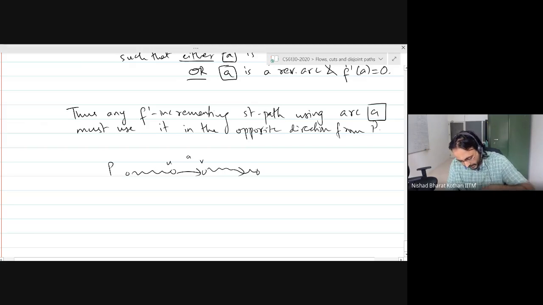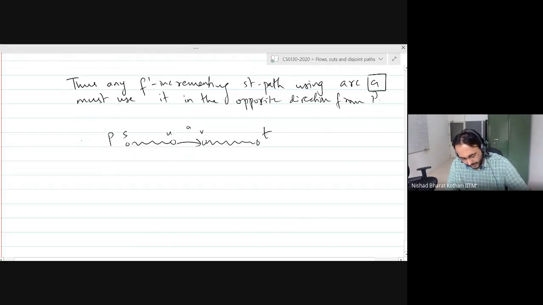right? So this is our path from S to T. Okay? The claim is this was in F, right?